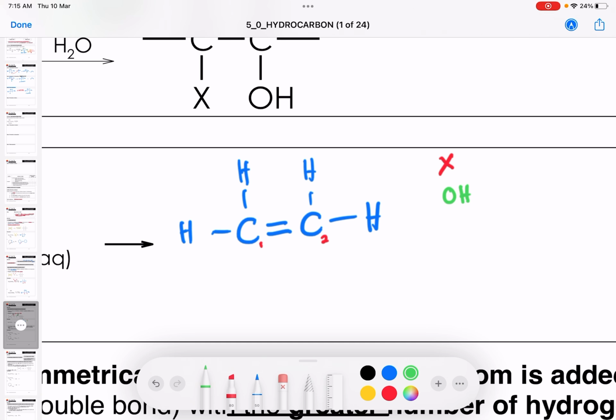So you cannot actually simply put the X or the OH everywhere, but in this case, you can put it anywhere because it is symmetrical. Okay, so chlorine will be added here and OH will be added here. So this will become a single bond.